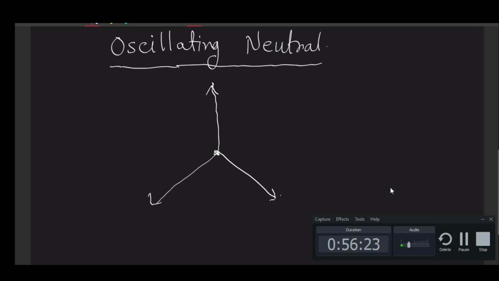When your transformer is Y connected, what happens to the transformer? Suppose you consider the positive sequence or negative sequence; those sequences are balanced and they are 120 degrees apart. So at any time point, if you add them, the resultant you will get is 0.